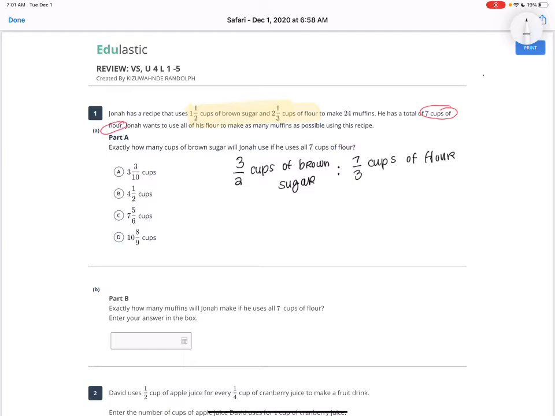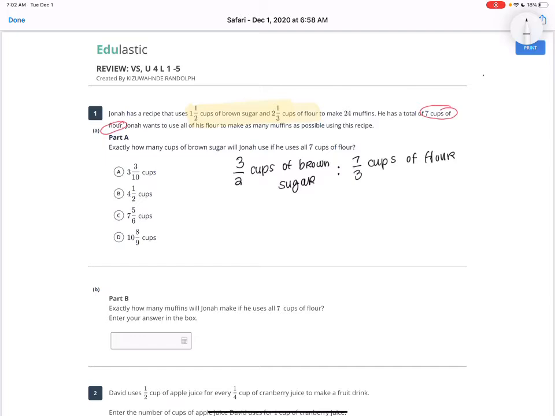Okay, so the reason why I set this up in ratio form is because I want to find the unit rate first. And I need to give you guys a visual of how I know which side to divide by. So in order to figure out how much he needs for 7 cups, I could find out how much he needs for 1 cup of flour.